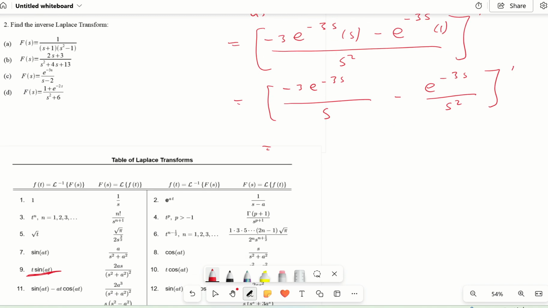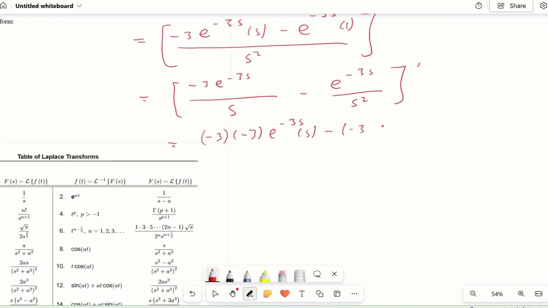So it's negative 3. You multiply that with another negative 3 e to the 3s. You multiply that with s, you leave that as it is, e to the negative 3s. We differentiate this, it's just 1, so I'm not going to put it. I'm going to leave it as it is, and s squared.